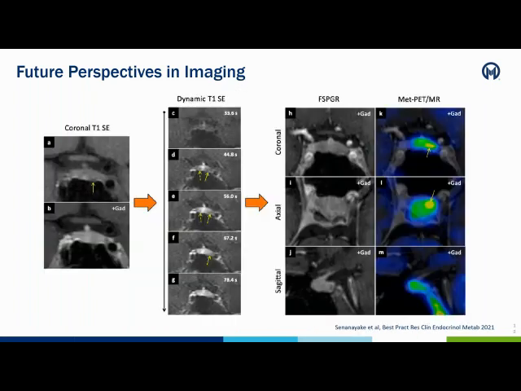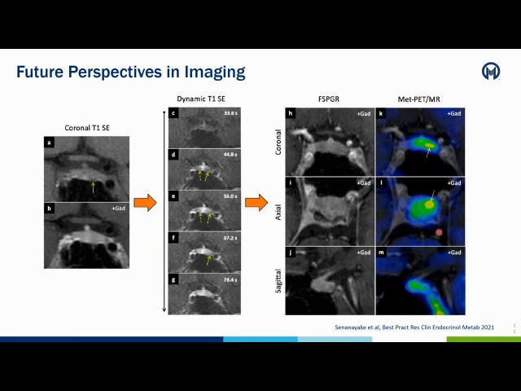What we're hoping for in the future is, besides the imaging quality, also having a radiotracer that can hopefully tell us whether that imaging finding on the MRI is real or not, or functioning or not.